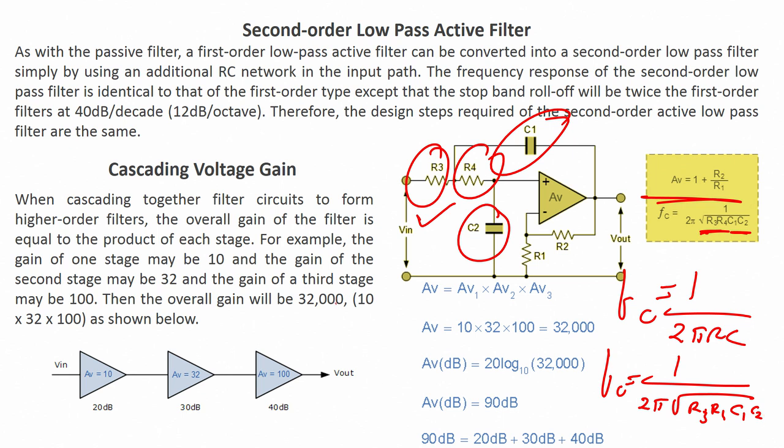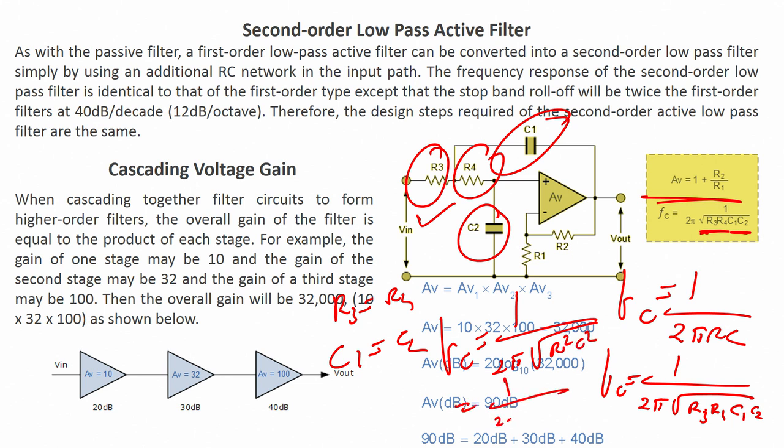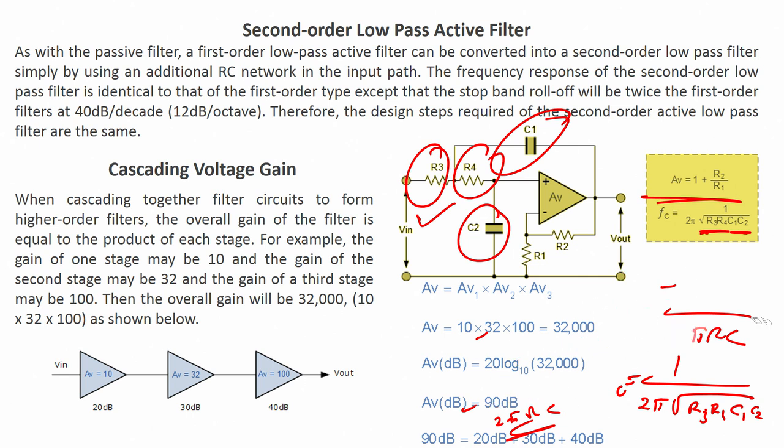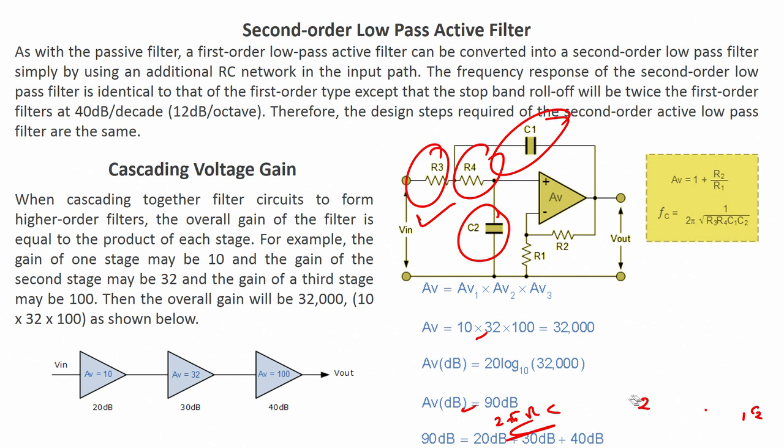So, if I have R3 equals R4 and C1 equals C2, then my FC will be 1 upon 2 pi under root of R square C square, or 1 upon 2 pi RC, correct. What I am saying is that if you see this circuit, the formula for the critical frequency is FC equals 1 upon 2 pi under root of R3 R4 C1 C2, which is for this particular circuit.